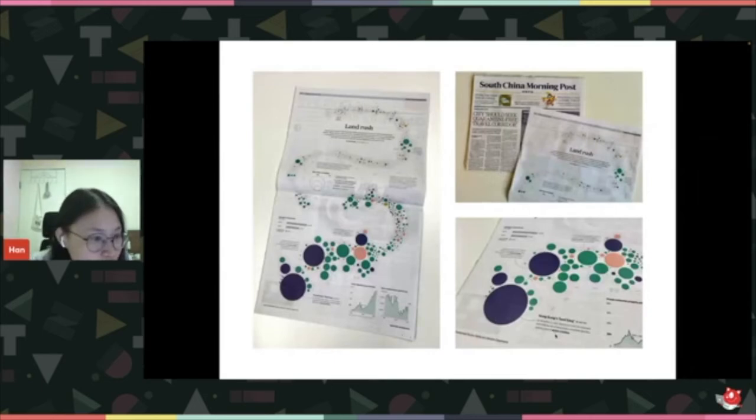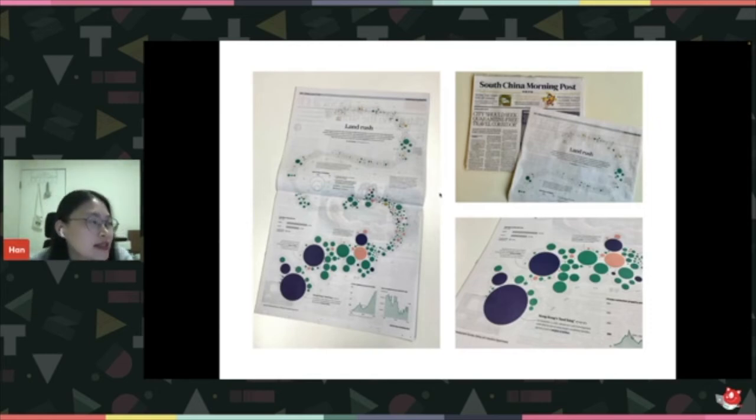So they sold this land for around 50.8 billion Hong Kong dollars, which is around 6.5 billion USD, with only around 48,000 square meters. But I'm pretty sure this year they will set a new record high.